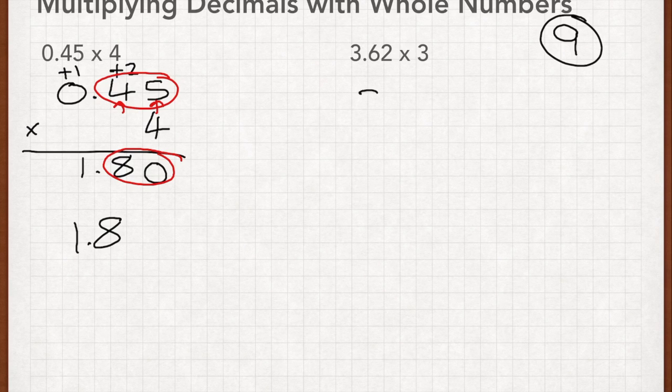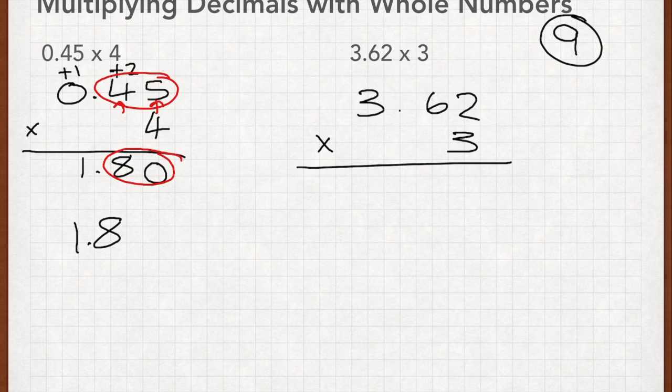Now we're going to do our calculation. So we lay it out like we normally do with multiplication. 3 times 2 is 6. 3 times 6 is 18. Forget about our decimal for now. 3 times 3 is 9 plus 1 is 10. And because we have two decimals in the question, we're going to have two decimals in the answer.